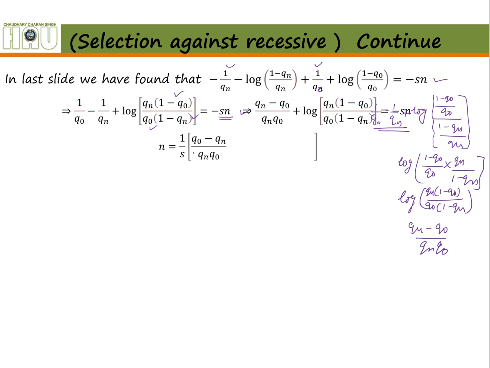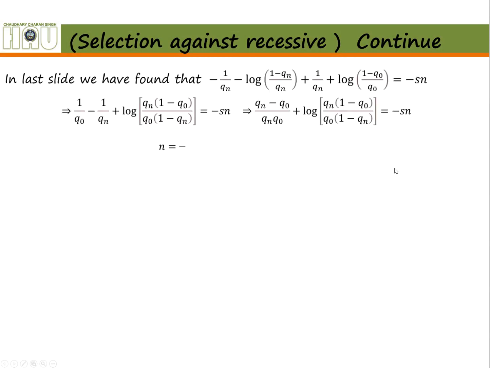So the value of n can be found as 1 by s, taking the minus common. When I take minus common from these two terms, it is q0 minus qn divided by qn q0, and the numerator and denominator are interchanged in the log, that's why I put plus here. So the number of generations required can be found with the help of this expression. So this is my first method.